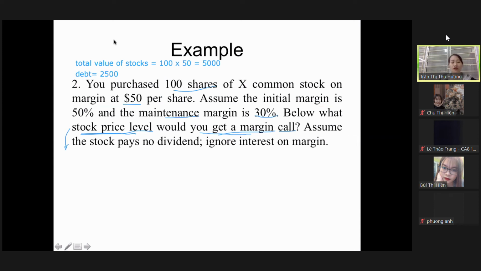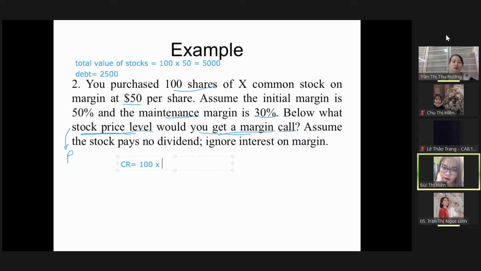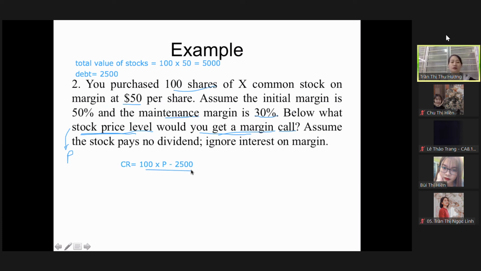The current margin equals 100 multiply B minus 2,500, divided by 100 multiply B, and it should be lower than 30.